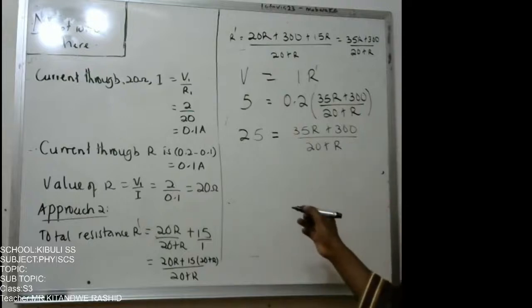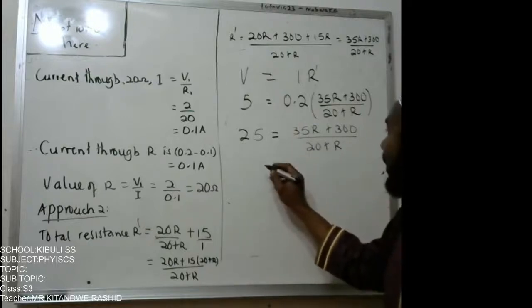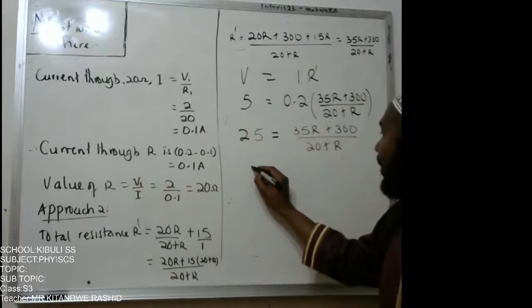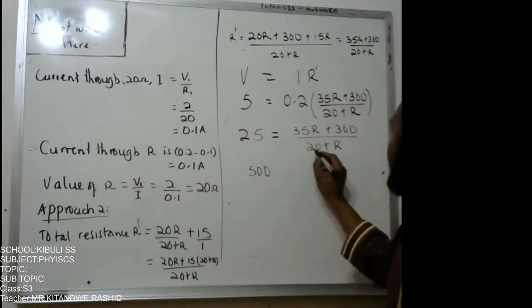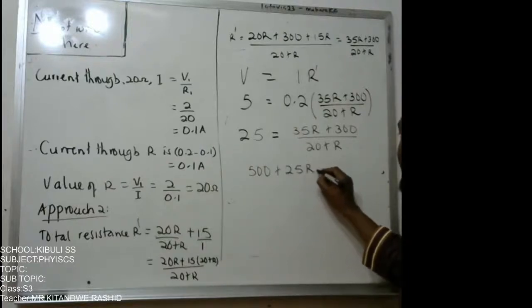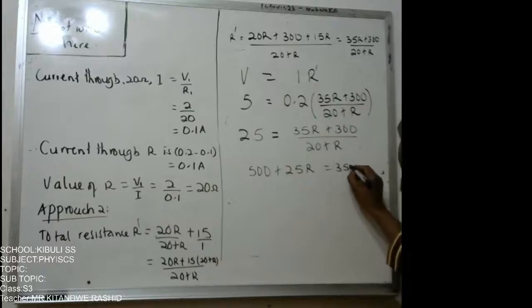So you can cross multiply. 20 times 25 we get 500. Then plus 25R is equal to 35R plus 300, isn't it? Now we collect like terms.